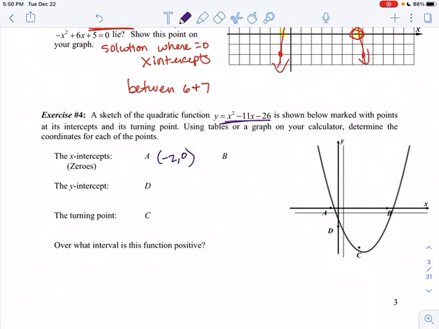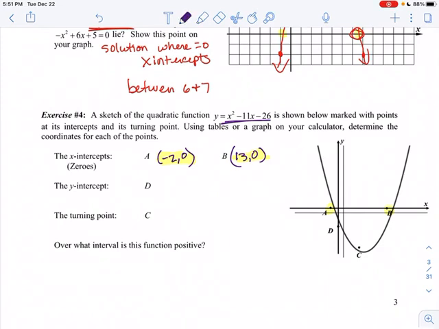And my other x-intercept, you've got to scroll all the way down, you're looking for where y is equal to 0, is 13, 0. So the x-intercepts, okay, and I'll highlight those for us. These are my x-intercepts here and here. And that's the zeros, the answer, the solution. So those are the coordinates.